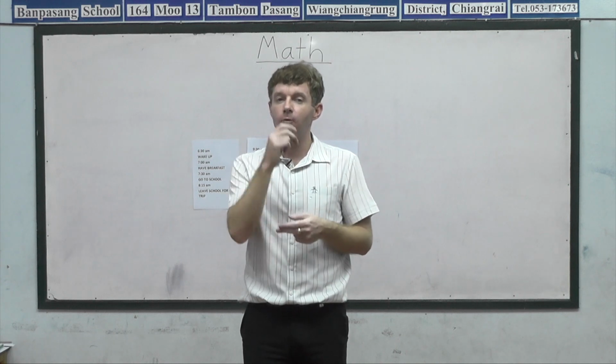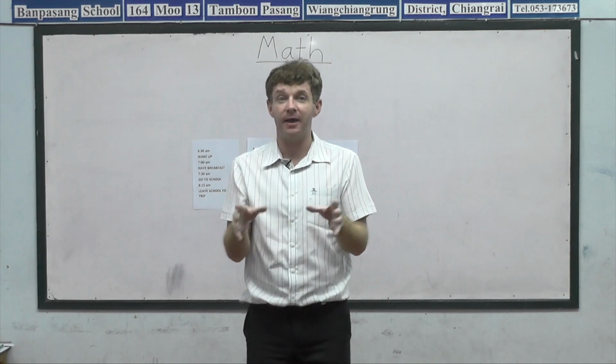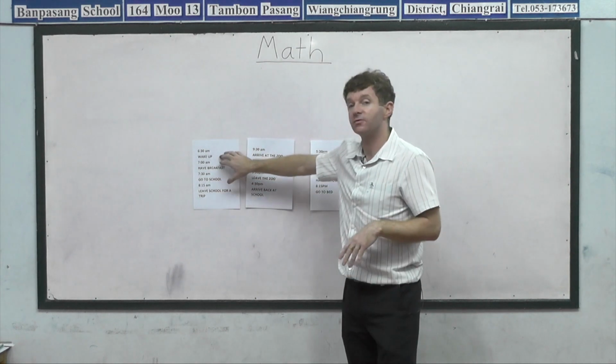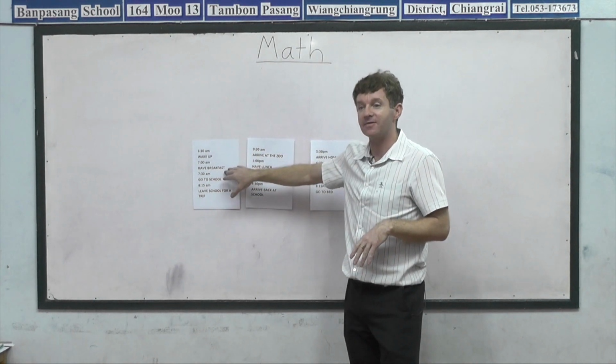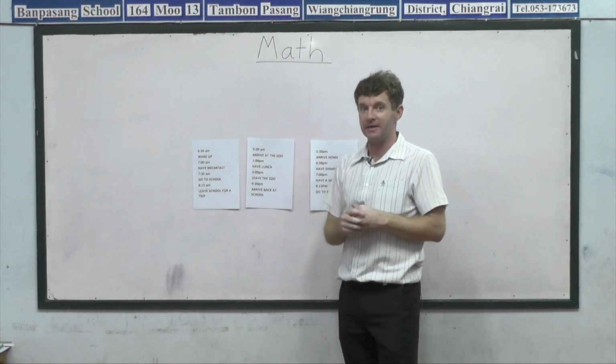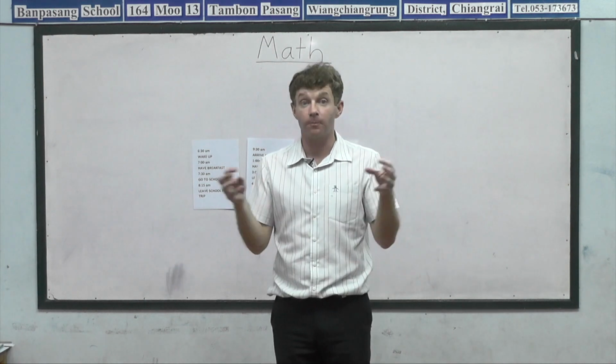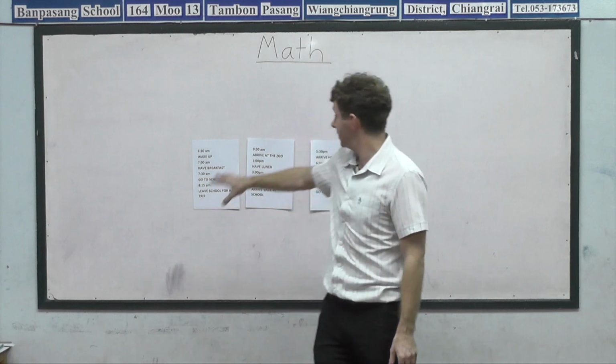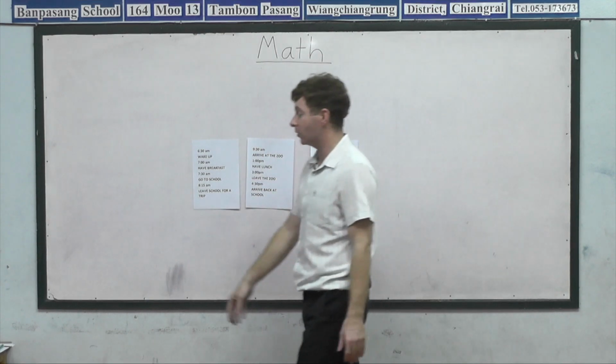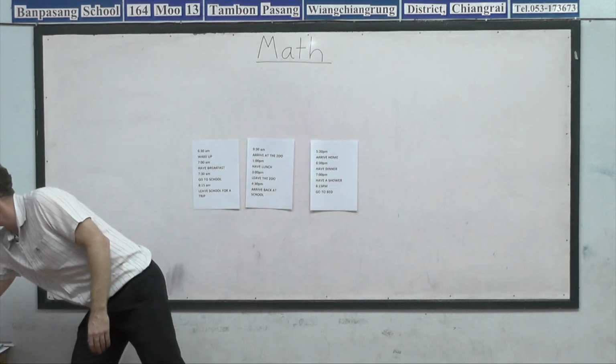What you need to do, teachers, is for each pair, cut out the times and the activities of your daily diary, and your students need to work together to put them in the correct order like they can see on the board. So are you ready, guys?